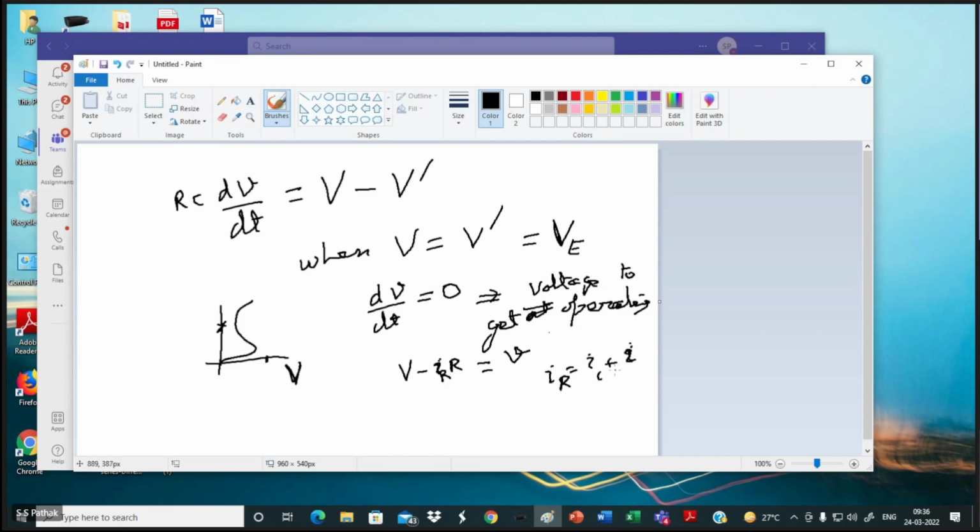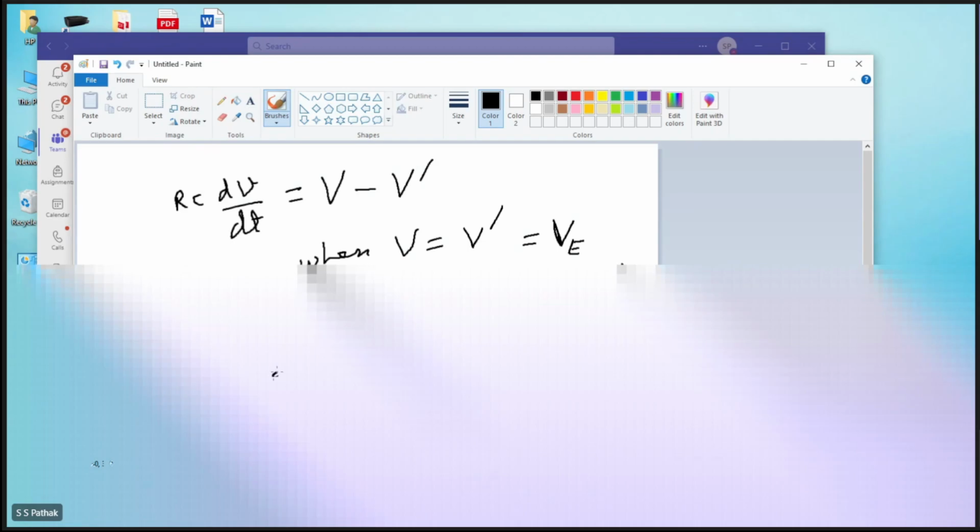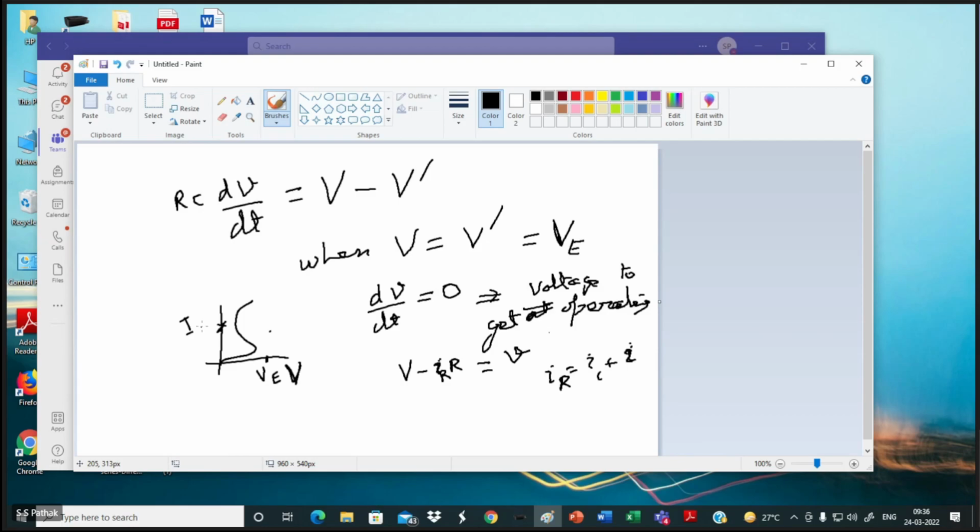So I will E and I should become equal to your IR something. So this is my VE. I've given voltage VE here. Here current will be your, at that time how much current flowing through this? V has become equal to VE. No.